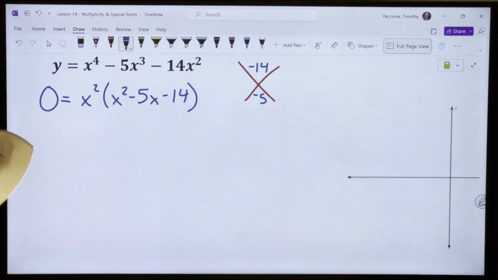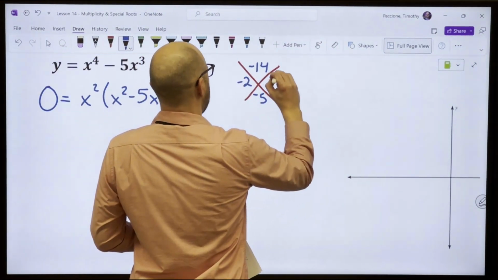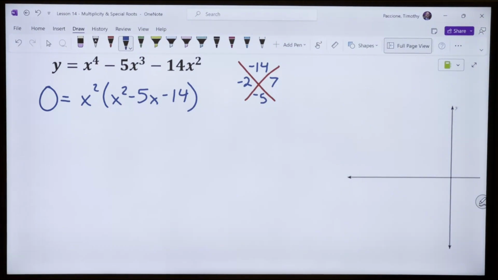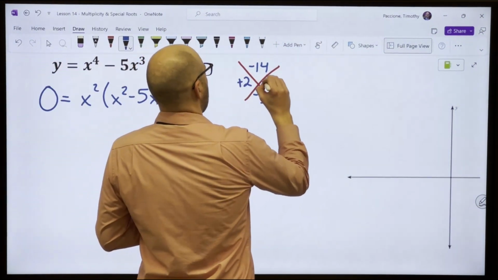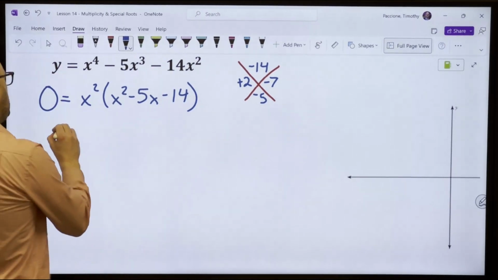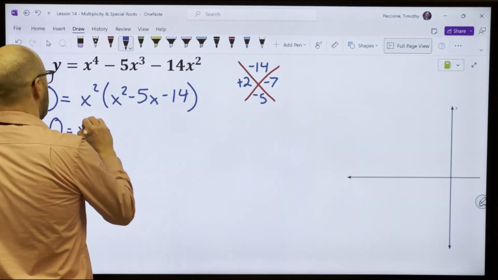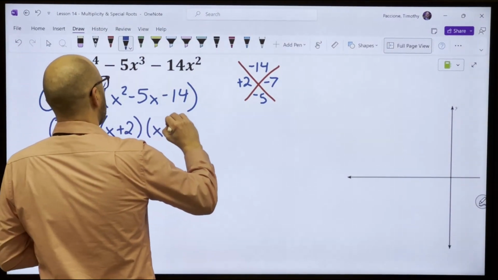Now, minus 14 minus 5, that gives me negative 2 and 7. Oh, sorry. Positive 2 and negative 7. Okay, so I throw those in. 0 equals x squared, x plus 2, x minus 7.